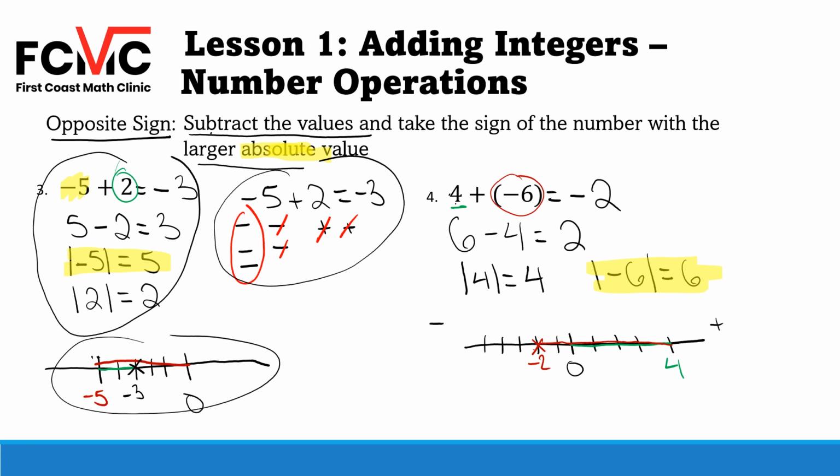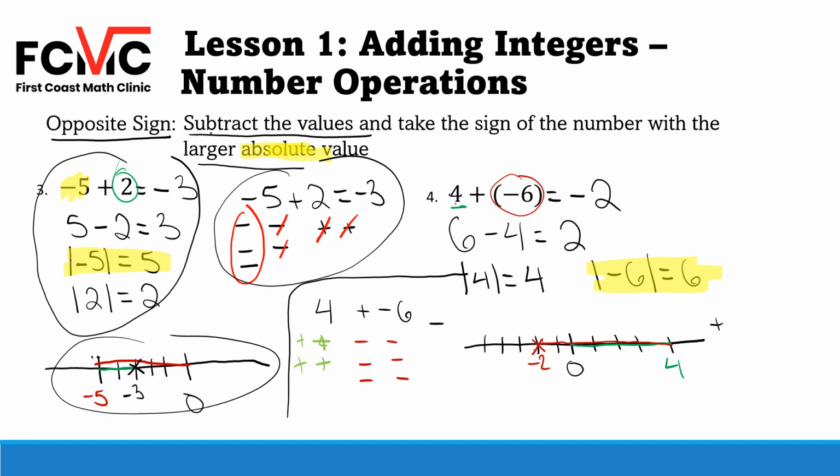Let's also just squeeze this in right here. Let's use our plus and minus signs. So 4 plus negative 6. So 4. We've got 1, 2, 3, 4, 6. 1, 2, 3, 4, 5, 6.